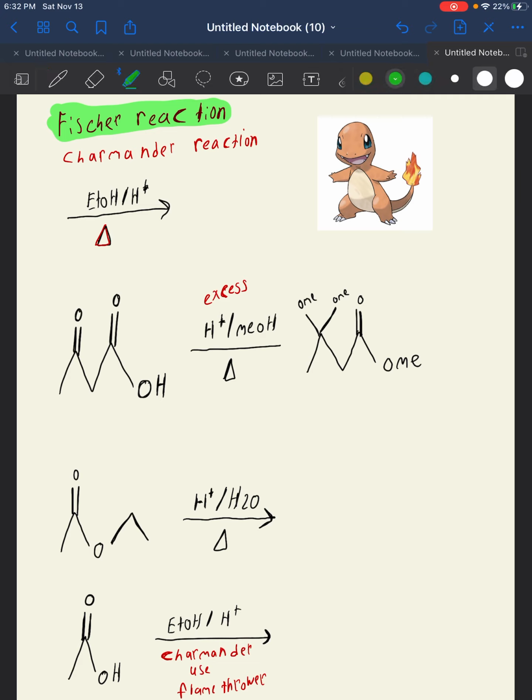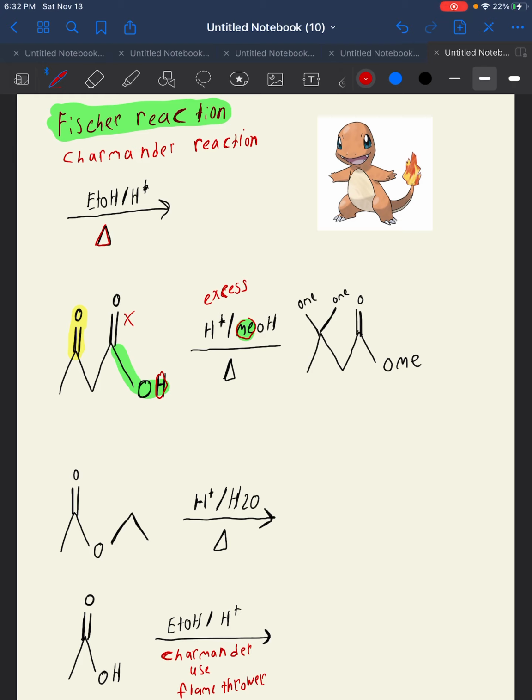Once again, the Fischer reaction reacts at the carboxylic acid, replacing the carboxylic acid with the prefix of the alcohol. So we replace the hydrogen with the prefix of the alcohol right here, gets replaced with right here, and then it just does a normal acetal formation at the ketones and aldehydes, but the carboxylic acid ketone is unaffected, so don't touch that, just leave it as its normal carboxylic ketone.